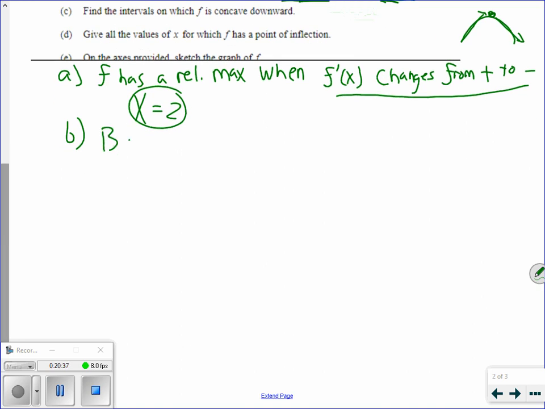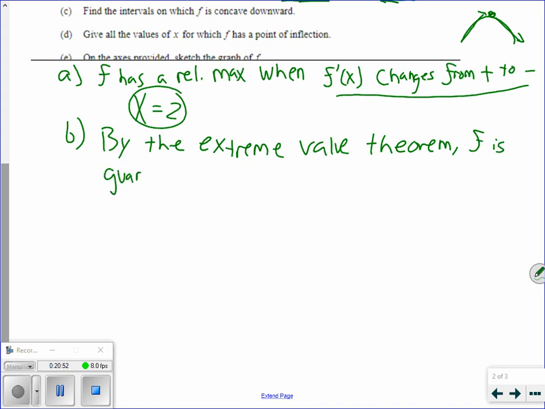So we're going to say by the extreme value theorem, f is guaranteed. Is that how you spell guaranteed? I don't care if it is or not, whatever.